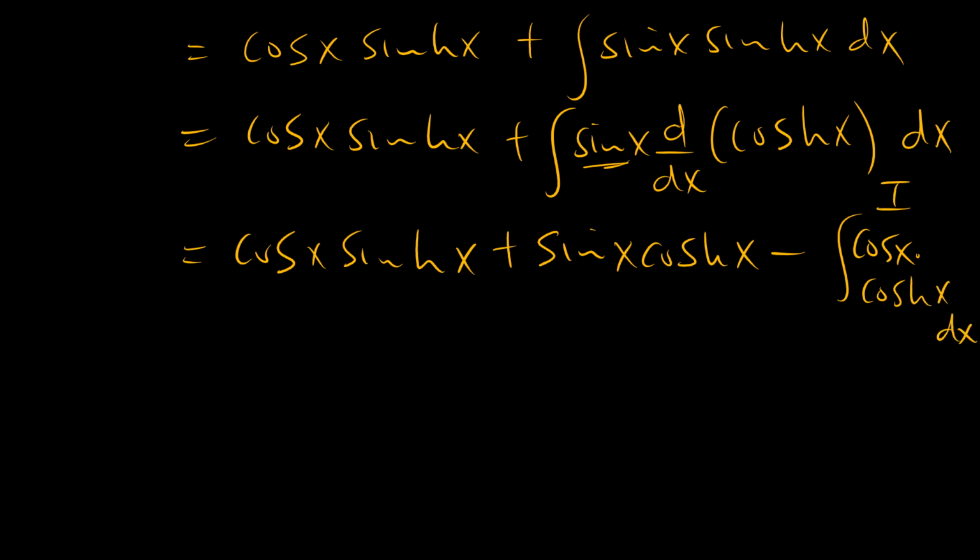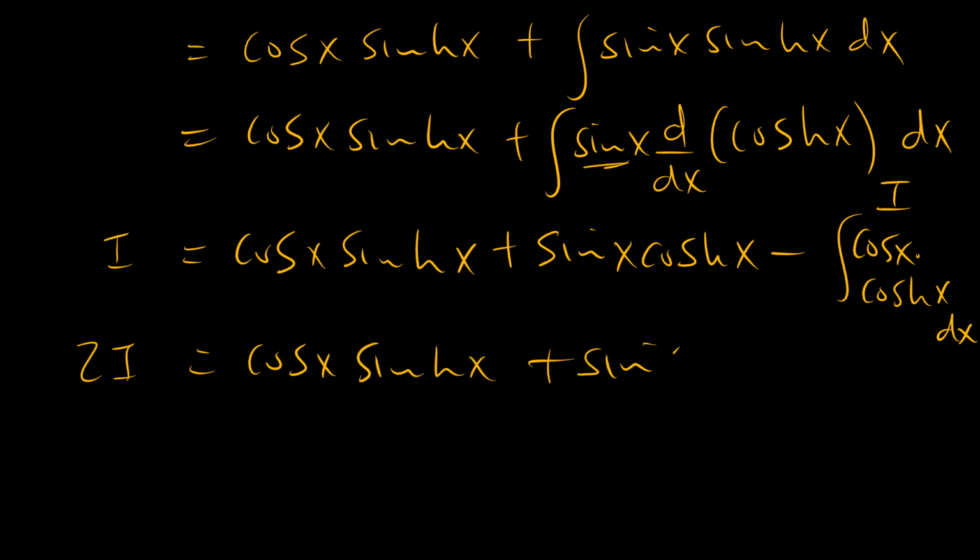Now we clearly see this is I with this I, so when you bring I here, 2I equals cos x sinh x plus sine x cosh x.